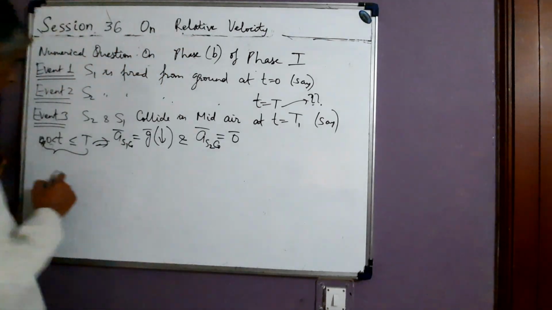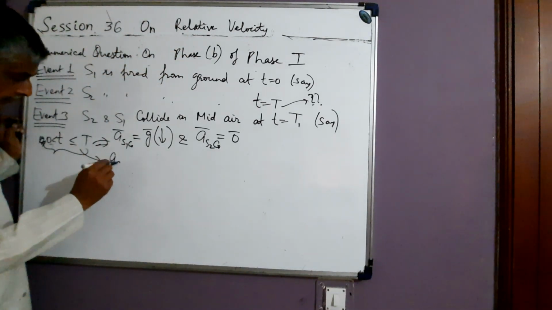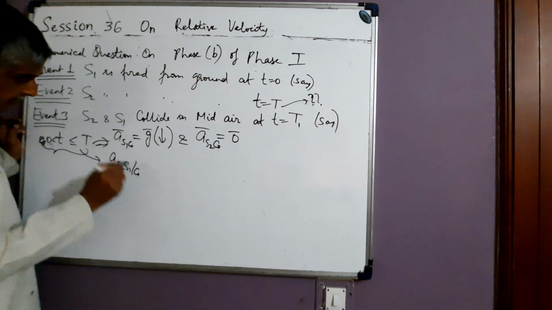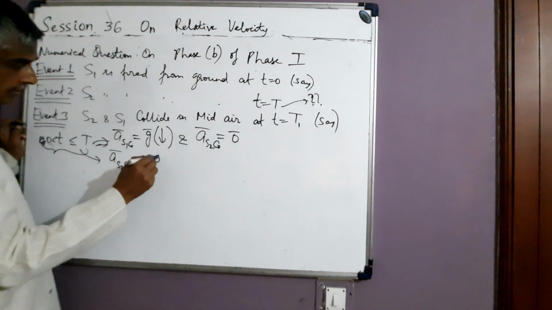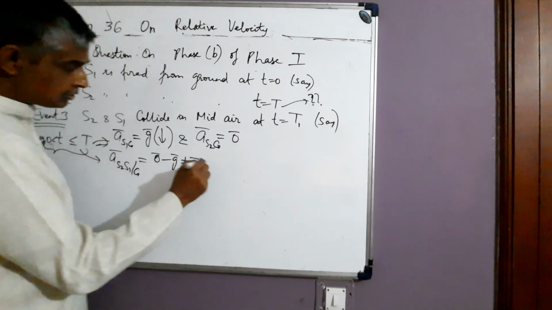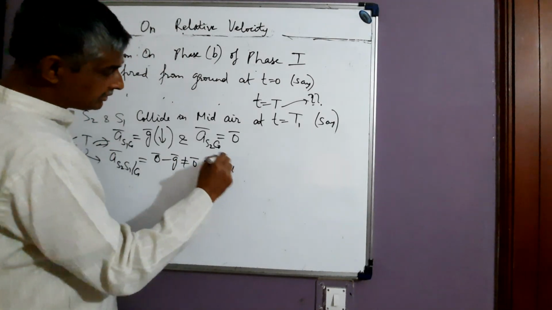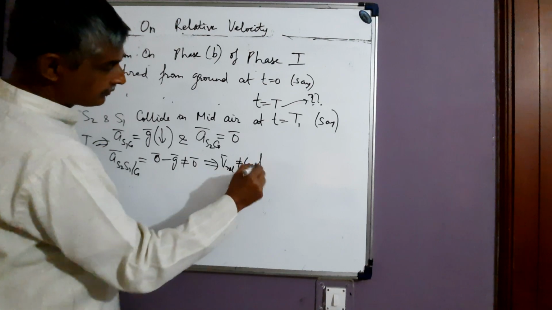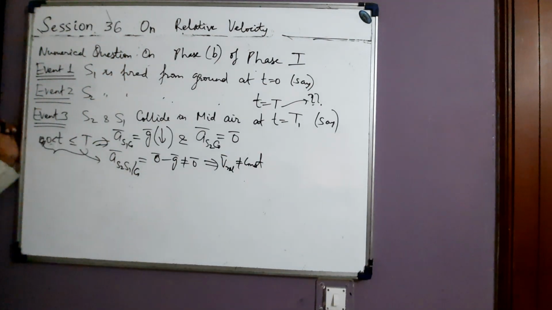So in 0 to T, the relative acceleration of S2 with respect to S1 in the ground frame is 0 minus g, which is non-zero. This is non-zero, meaning relative velocity is not constant in the time interval 0 to capital T seconds.